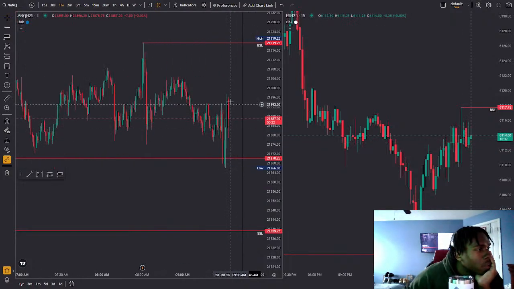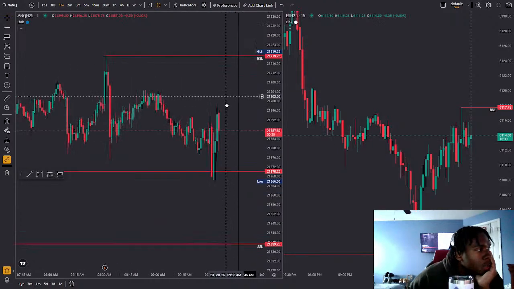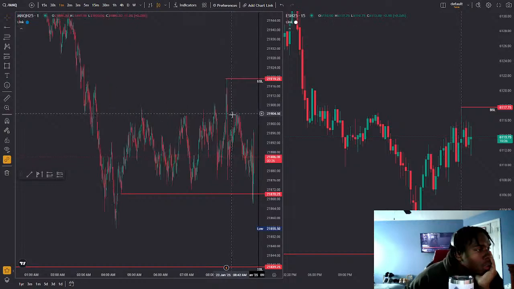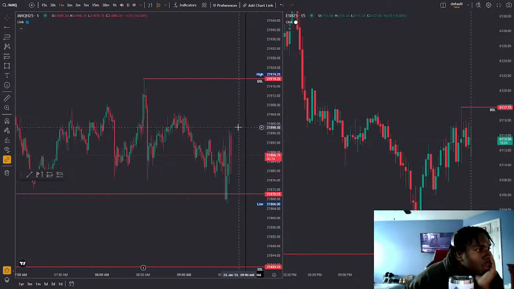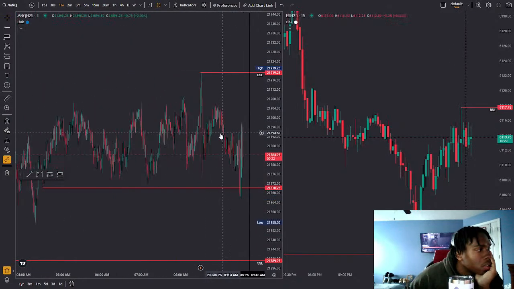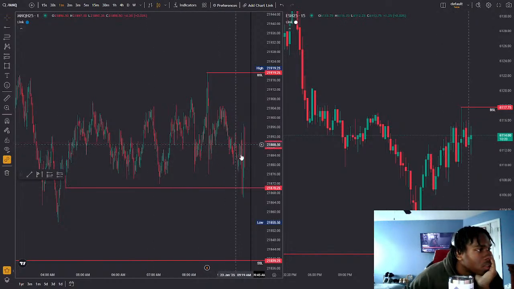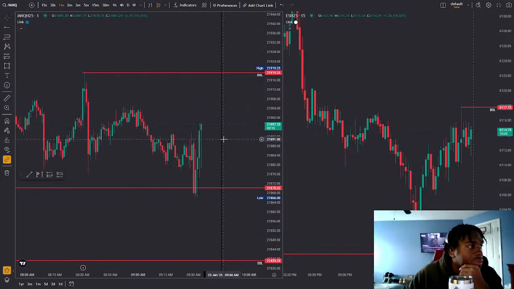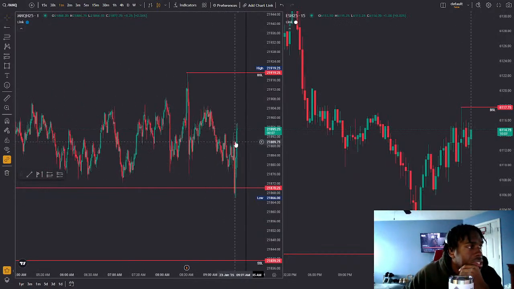We flat liquidity and we displaced high, so maybe we do see some movement up. It's kind of sideways right now. It's been sideways for a minute. So the sleep liquidity and displacement is looking a little valid now.